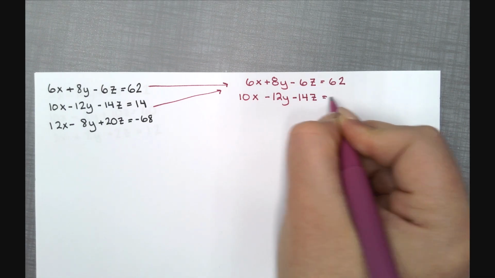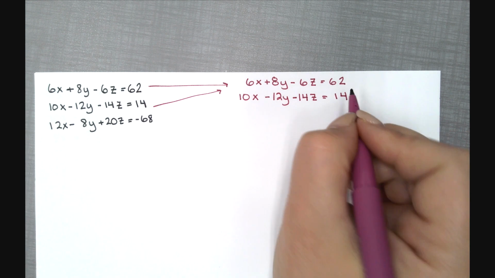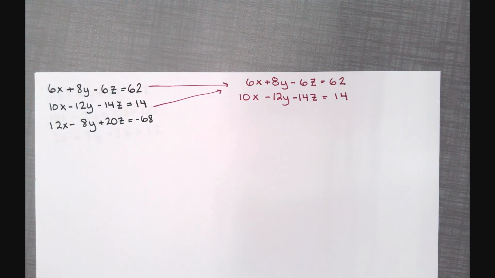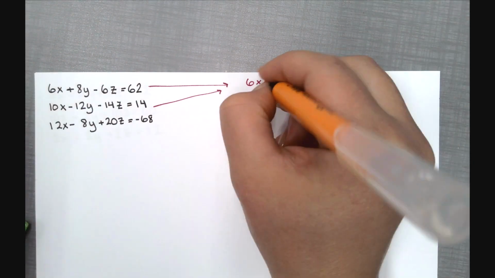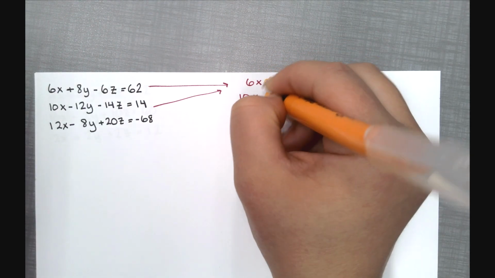And as I'm writing this out, I'm also doing a quick mental check as to what variable I am going to choose to eliminate. So I am going to choose to eliminate, let's choose y, because why not? It doesn't matter.